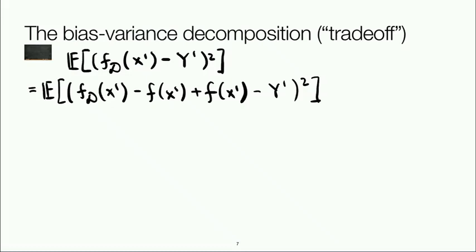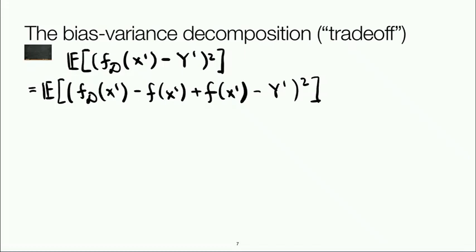Now, what I'm going to do is break out this expression using FOIL, where I'm going to treat this term as the first term, and then this term as my second term. Okay, so then if I use FOIL, I get all these cross terms and all these things that look like squares.